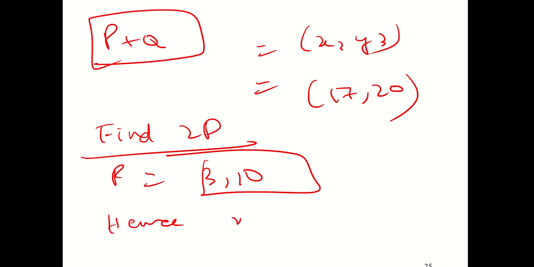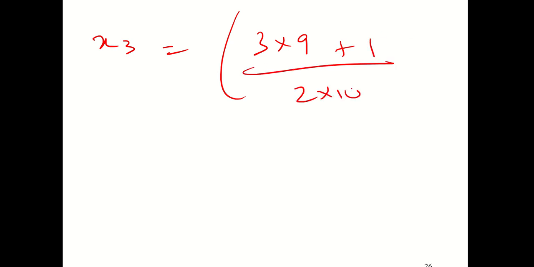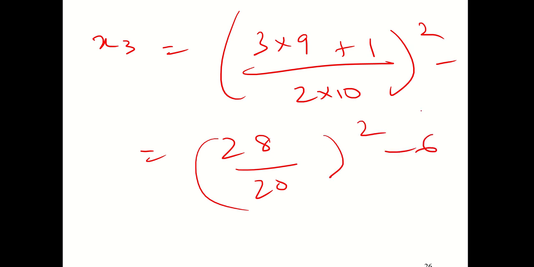Hence x1 is equal to 3 and y1 is equal to 10. We will only consider x1 and y1 here. We substitute the values: (3 into 9 plus 1) by (2 into 10), whole square, minus 6. So you get 28 by 20, whole square, minus 6. Now minus 6 in mod 23 is 17.